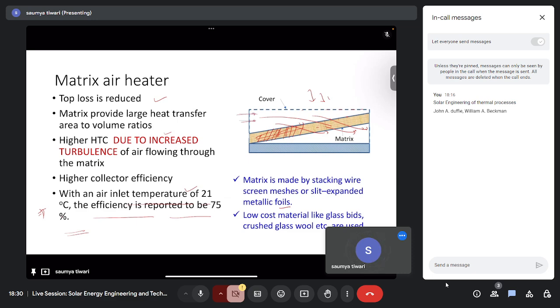So this is one type of configuration. And then this is similar to a two pass air heater but with a matrix here.